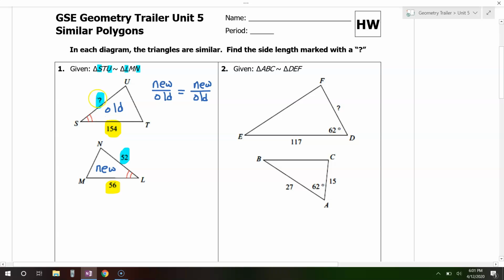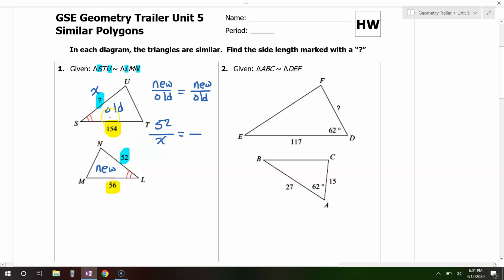So, for example, look at the blue corresponding sides. If I do new over old, that's going to be 52 over, and let's call this x instead of a question mark. So that will be 52 over x.